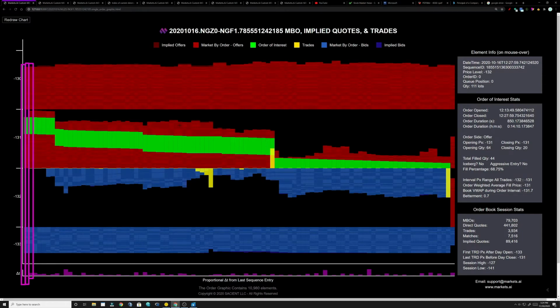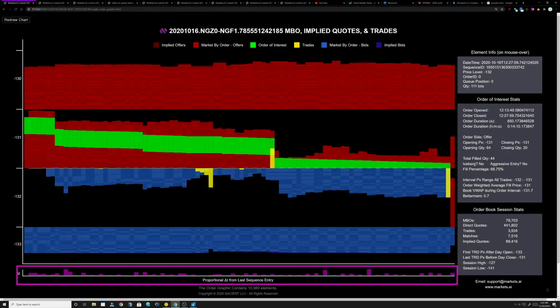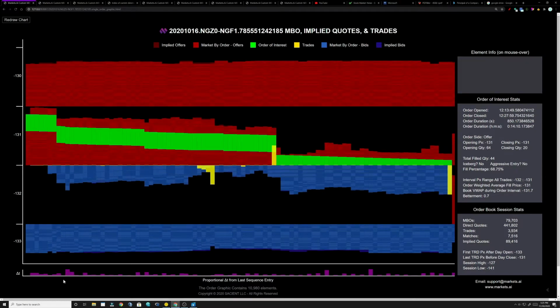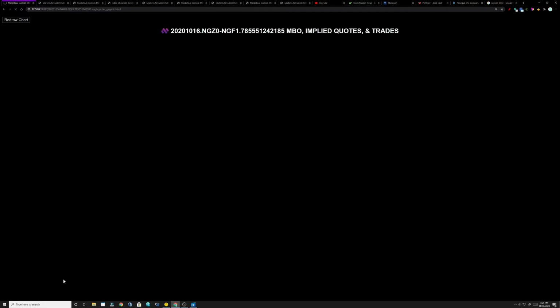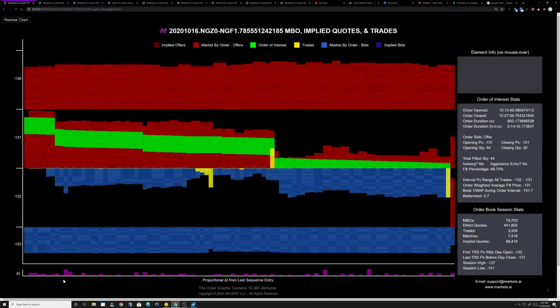It's revealed. The bars here represent the delta T from one sequence ID set of events to the next. So if you see a larger rectangle, that means there's more time from this sequence set to the next sequence set.